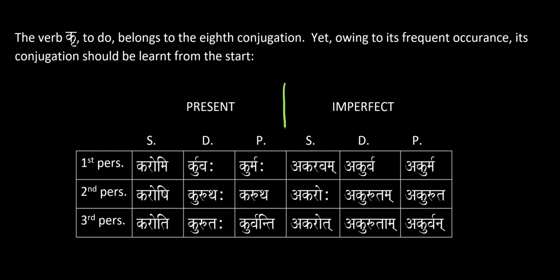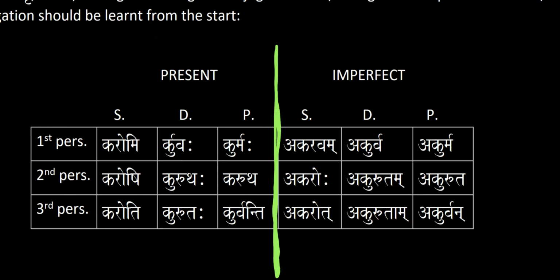What I'm going to do is just provide the conjugation in the present tense and in the imperfect tense for you, and you can just refer back to the table so it could help you make more complex sentences as we go along through the course. So owing to its frequent occurrence, its conjugation could be learned from the start, even though we aren't really going into detail about the eighth conjugation.